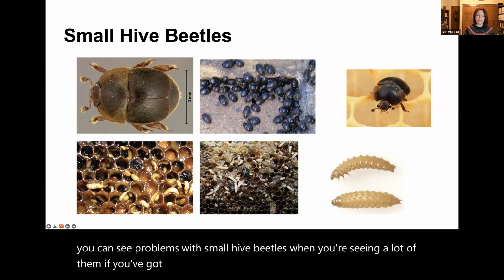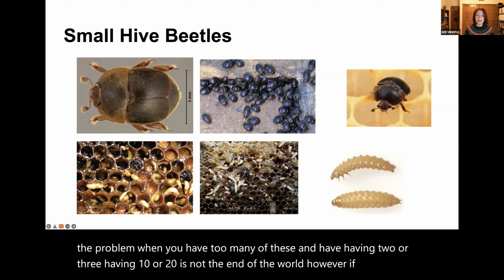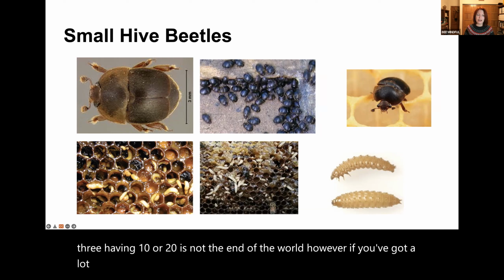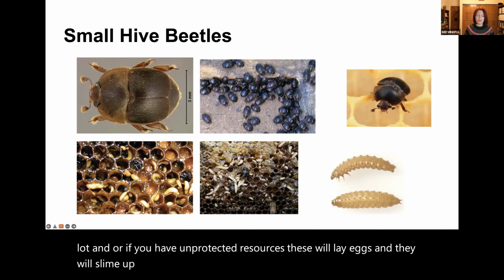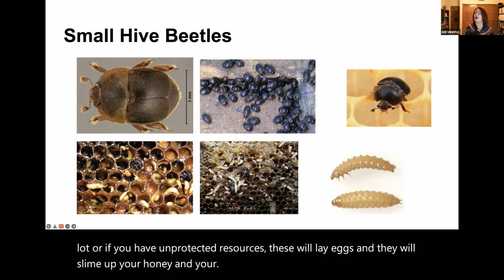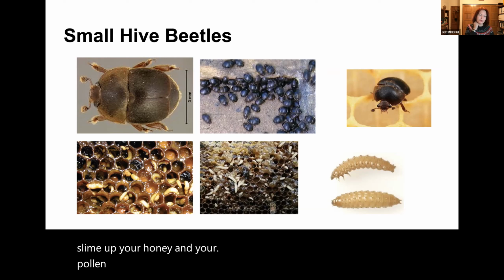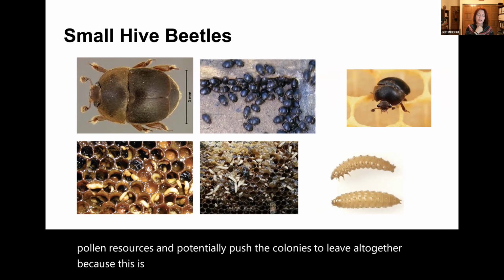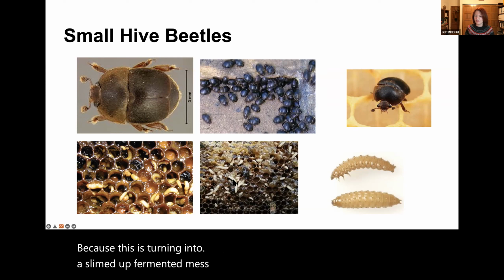And the problem when you have too many of these in the hive, having 2 or 3, having 10 or 20 is not the end of the world. However, if you've got a lot, or if you have unprotected resources, these will lay eggs and they will slime up your honey and your pollen resources and potentially push the colonies to leave altogether, because this is turning into a slimed up, fermented mess that they don't want to live in.